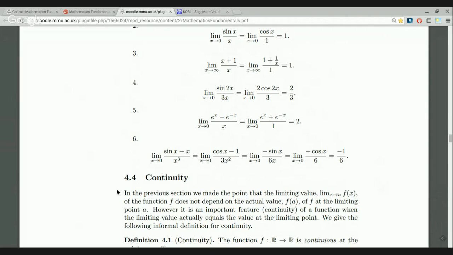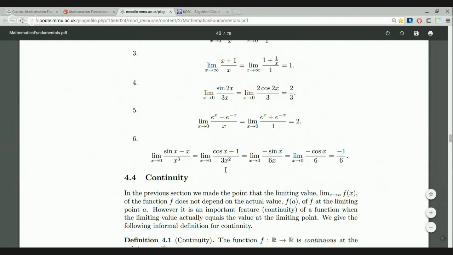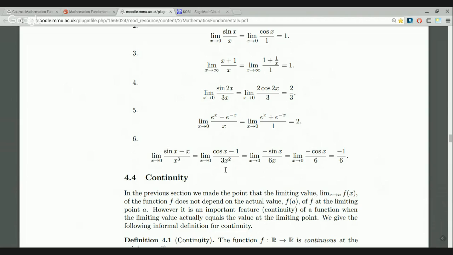Because in the first limit, both the top and the bottom approach 0 as x approaches 0. Sine of x approaches 0, x approaches 0, x cubed, they all approach 0. So we've got a 0 over 0 limit. So we can apply L'Hopital's rule. But when we do, we again have a 0 over 0 limit. And when we apply L'Hopital's rule again, we again have a 0 over 0 limit. This process might go on forever and you never get to any conclusion.